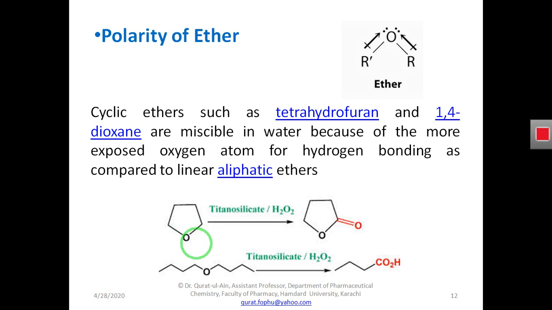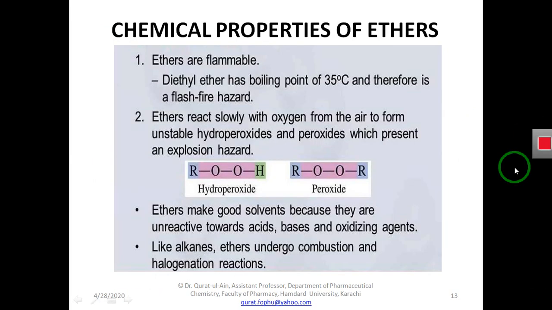So this is the reason ether molecules present in the cyclic form are more miscible in water as compared to ether molecules present in linear form. Now, finally, we will be discussing the chemical properties of ethers, and then we will discuss the biological activities of ethers. So, ethers are flammable molecules.